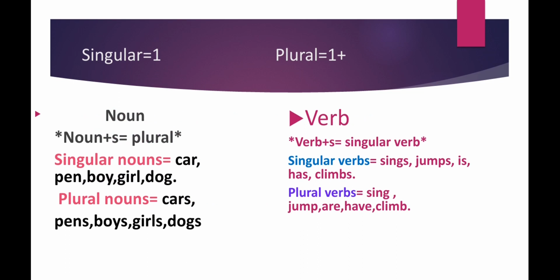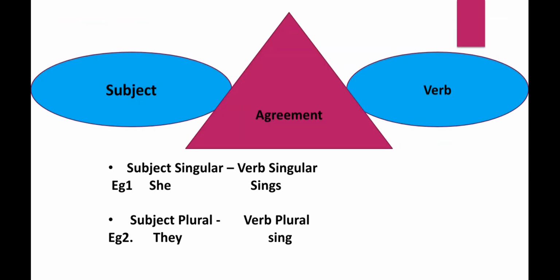Plural verbs, you have to remove the s. So we have sing, jump, are, have, climb, and so on. So verb without s, plural. Verb with s is singular. Noun with s, plural. Noun without s, singular.